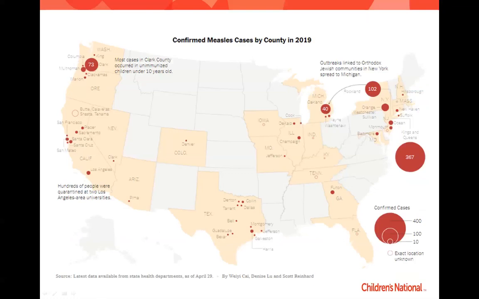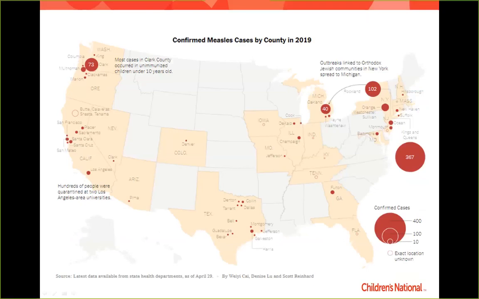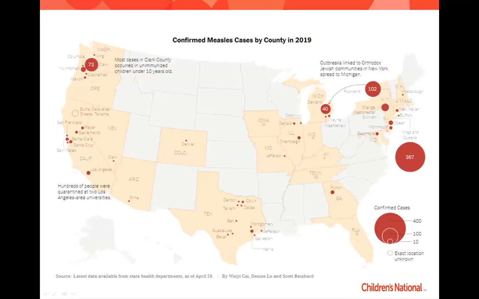Now I'm showing you a little bit of a different map today. This one I borrowed from the New York Times, and it shows the places that we've had outbreaks, but I liked how they used the size of the circle to represent the size of the outbreak we've seen so far in 2019.